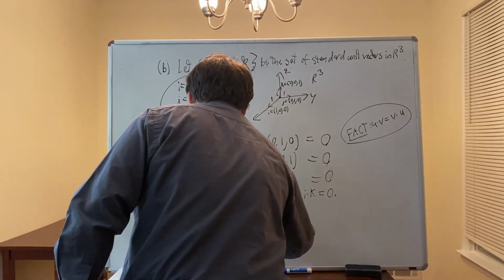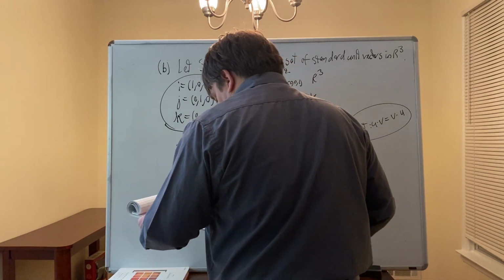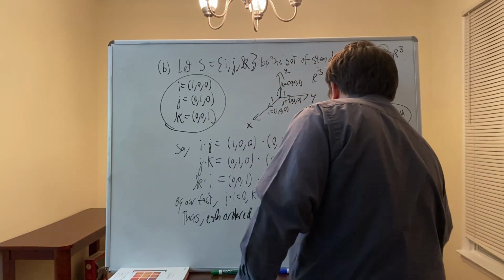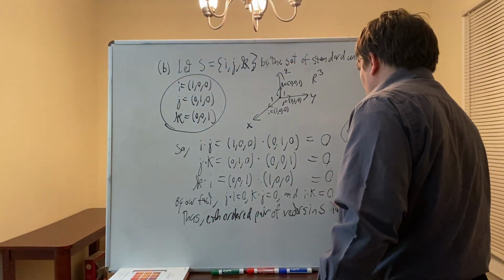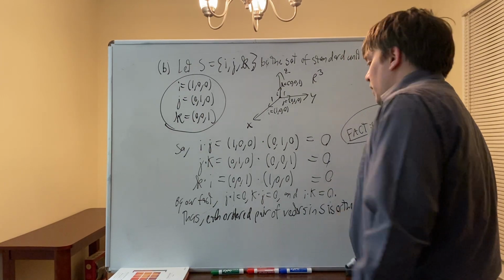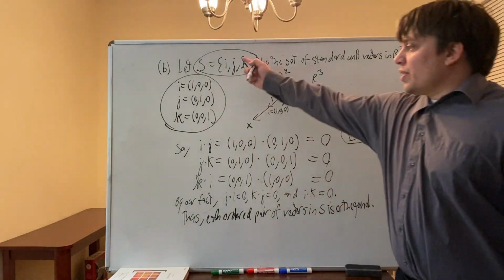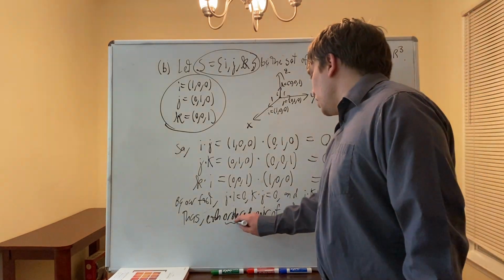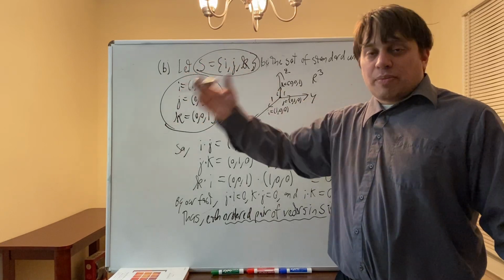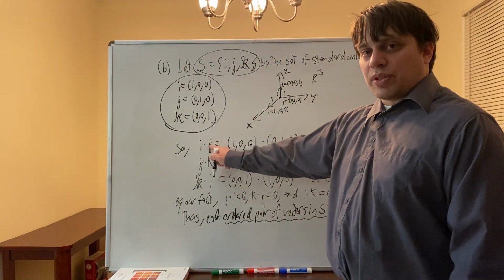Okay? So thus, each ordered pair of vectors in S is orthogonal. What that means is that here's our set S, and so a shorter way to say it is, an ordered pair of vectors in S means just take 2 of those vectors in S, make it an ordered pair, so there's going to be a first one and a second one, and that's going to tell you which one is on the left and which one's on the right in the dot product.